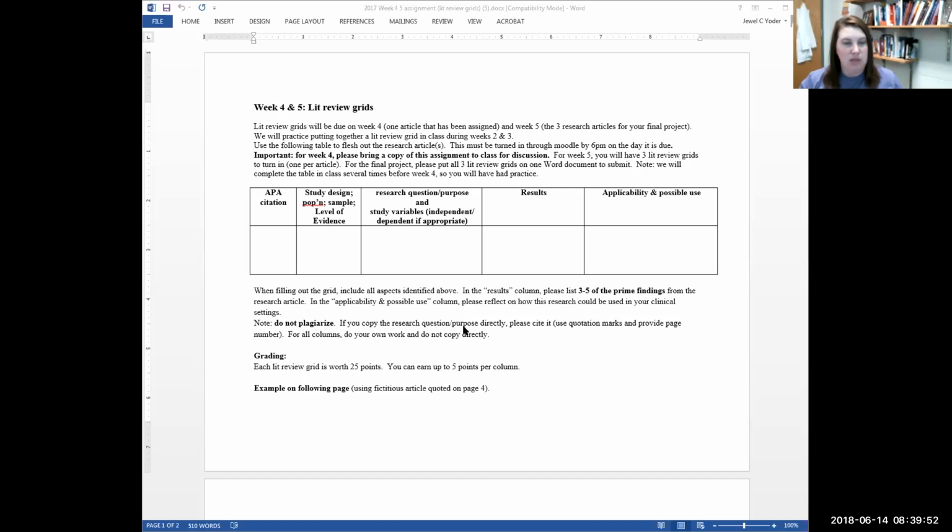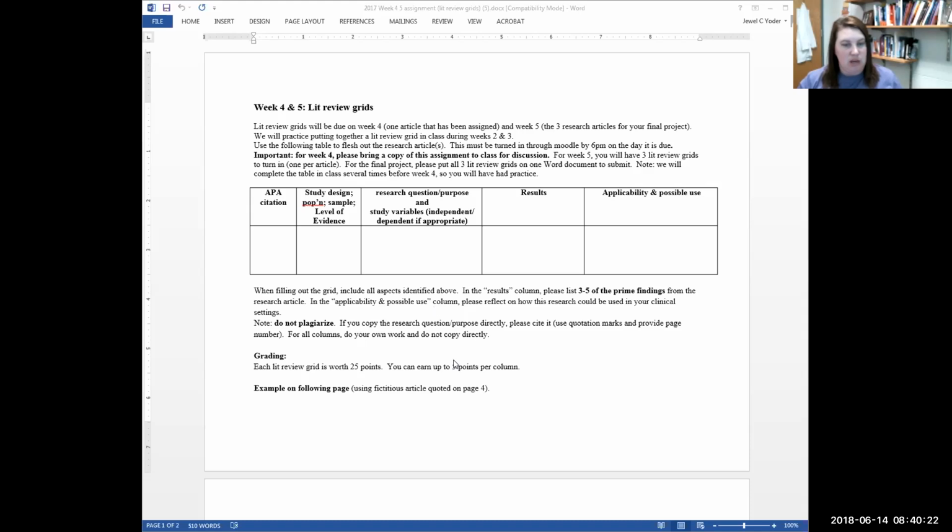If you are copying things directly from your research articles, make sure that you are citing those using quotation marks. Again, kind of doing in-text citations like you would in a paper, that you're giving credit as you're citing these things on your literature review grid. Each of the grids that you'll submit are worth 25 points. Each column is worth up to 5 points.